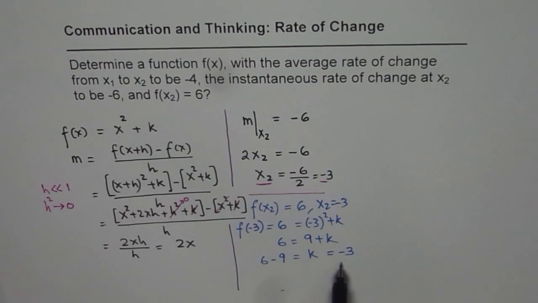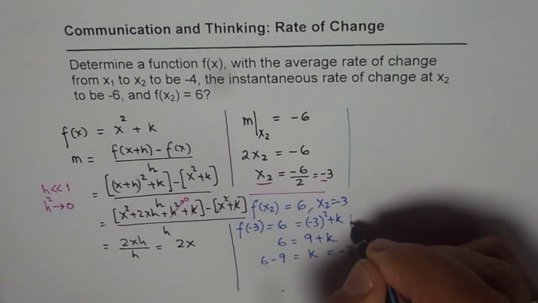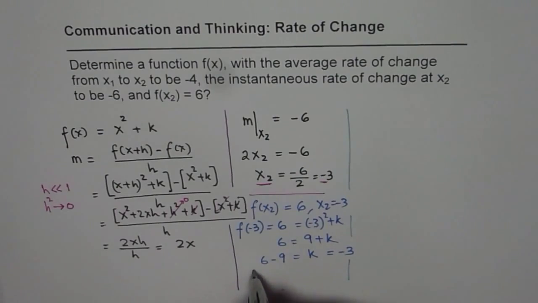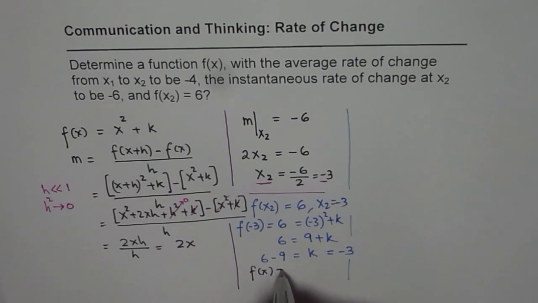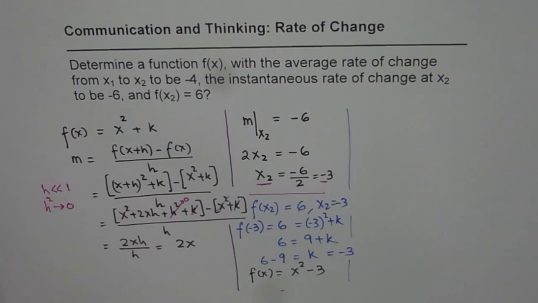So if k is minus 3, then we know what our function is. Isn't that interesting? Okay, so we'll go further. Here we are far from the answer, but we are very close. So k equals minus 3. That means our function is f of x equals x squared minus 3. So that becomes our function, right?